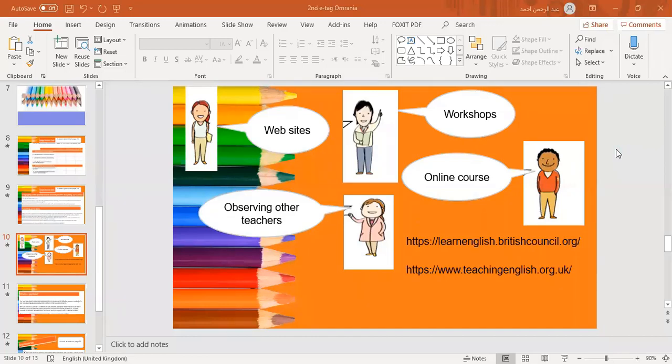The last one is observing other teachers. You can go and attend with your friend in his class and listen to the way he delivers the teaching methods, or how he gives his students new information, what activities he does, what he can do when he finds out some problems with his students, if they couldn't understand, if he uses some materials and so on.